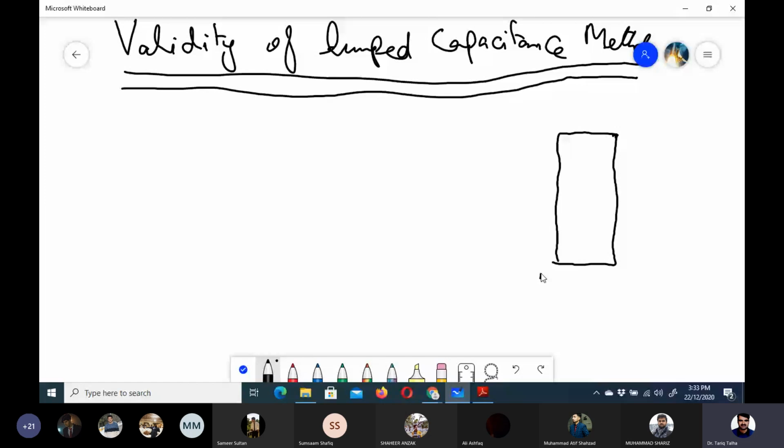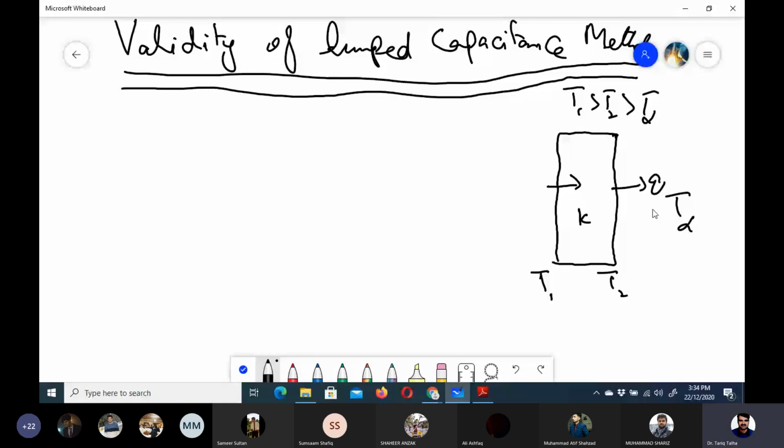Here we have temperature T1, here temperature T2, and here temperature T infinity. T1 is greater than T2, which is greater than T infinity. So the heat transfer would start from the left hand side and go up to the right hand side by conduction, and then go out by convection.